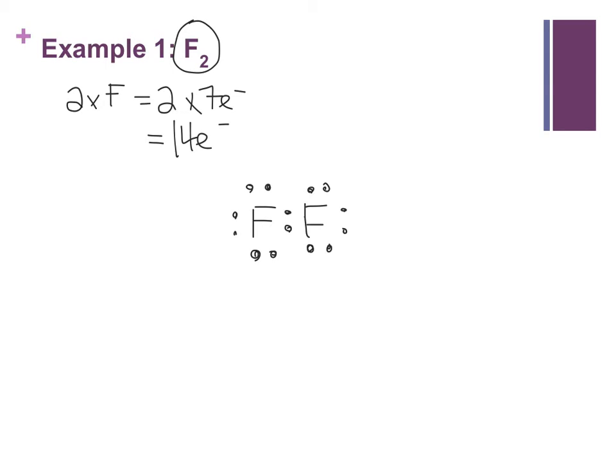If we count up all of our dots or all of our electrons, it should total up to 14, which it does. So 7 electrons are coming from 1 fluorine, and the other 7 electrons are around the other fluorine. And you'll notice that 1 electron from each fluorine is being shared in order to form the covalent bond.